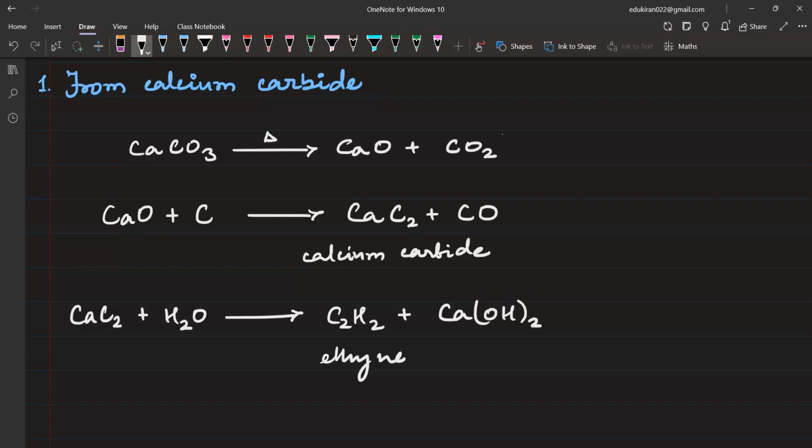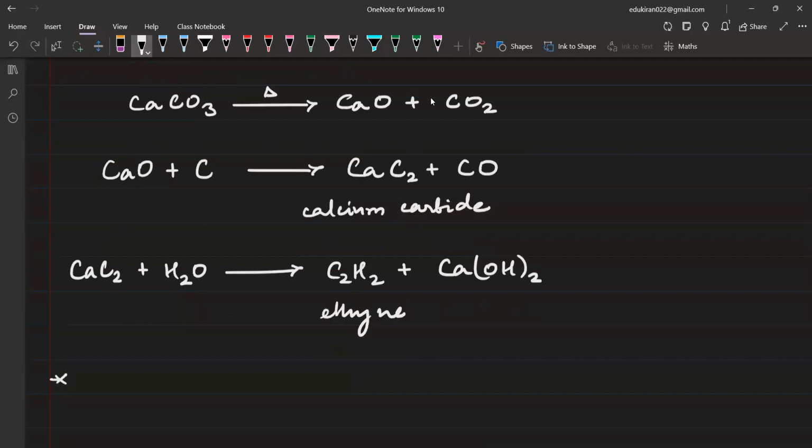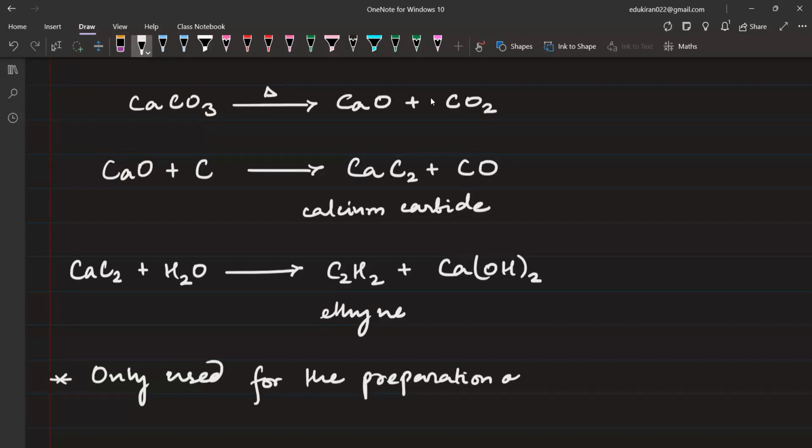So we can use this method of preparation only for the preparation of ethyne.